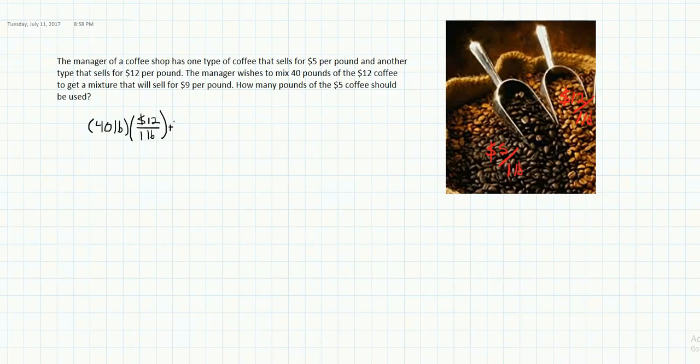To that, we're going to add an unknown quantity, let's say x, again in pounds, x pounds of some coffee that cost $5 for every 1 pound.